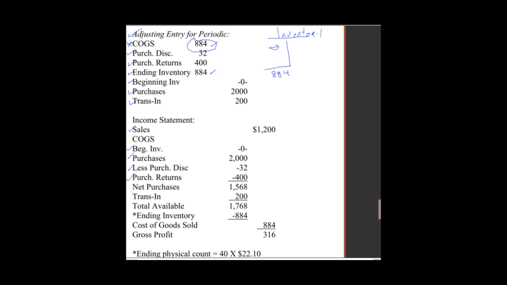That's your net purchases. Add transportation in, and all of that together is total goods available for the whole period. Subtract out the ending inventory from a physical count, and you'll have cost of goods sold equaling 884. 1200 minus 884 equals gross profit on this method of 316 if you look at the income statement.